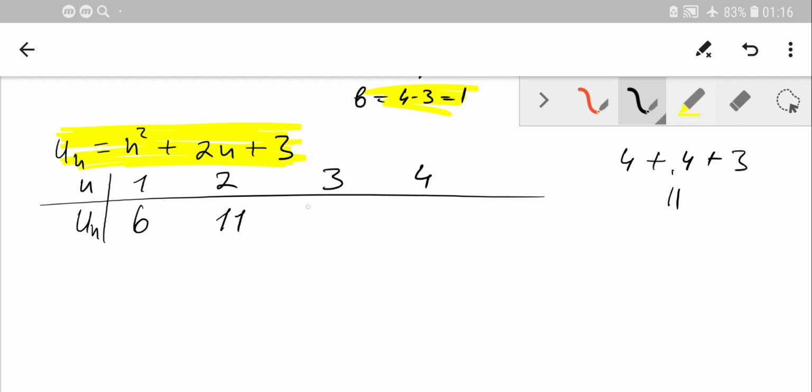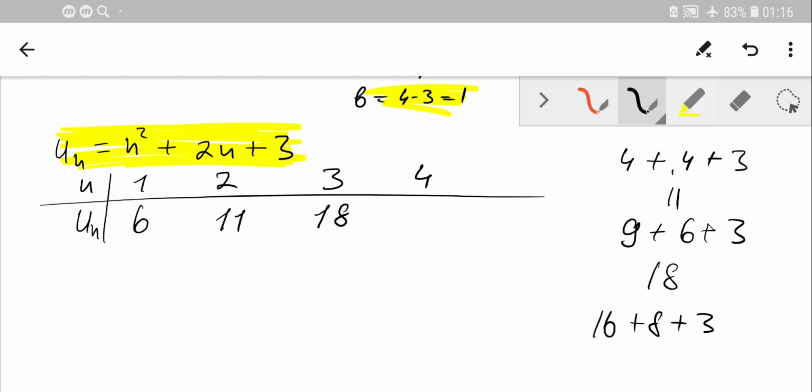So 3, you'll get 9 plus 6 plus 3, so you'll get 18. Okay, so let's calculate for 4: n squared 16 plus 8 and plus 3. All right, so we'll get 16 plus 11, which is 27. That's enough. Okay, so we generated several terms of this sequence.